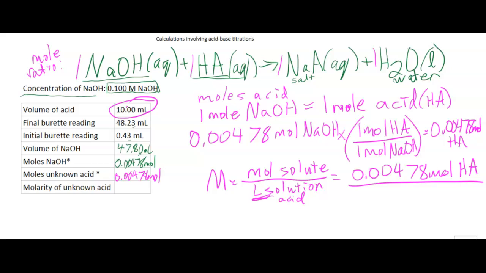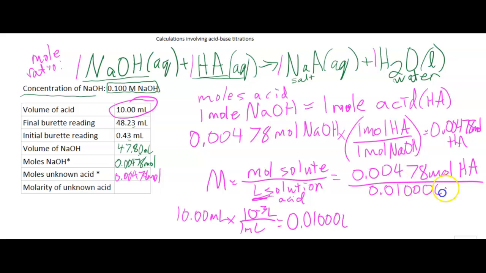So once again, we're going to have to convert that into liters. 10.00 milliliters times 1 liter per 1000 milliliters gives me 0.01000 liters of solution.